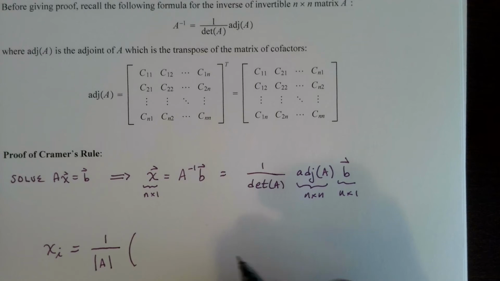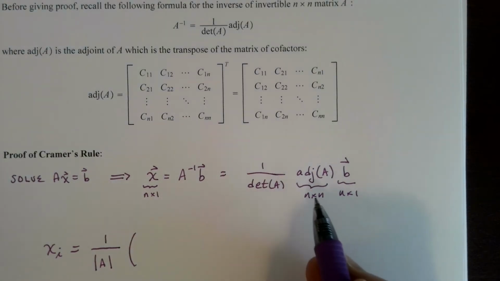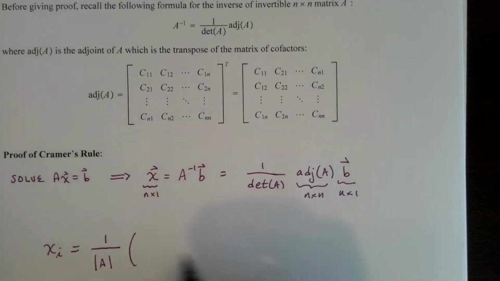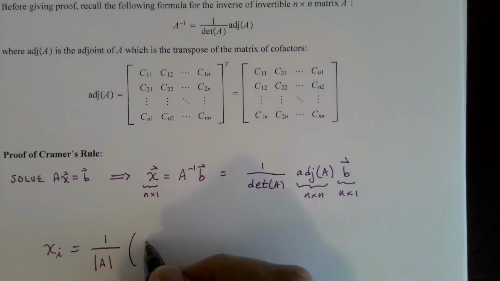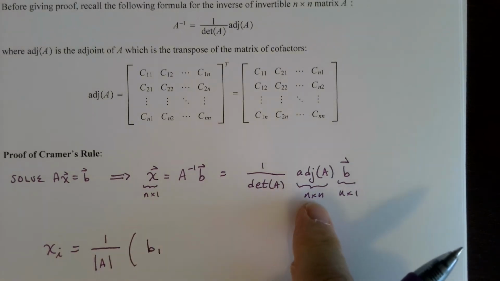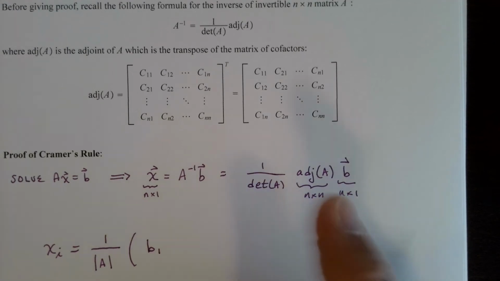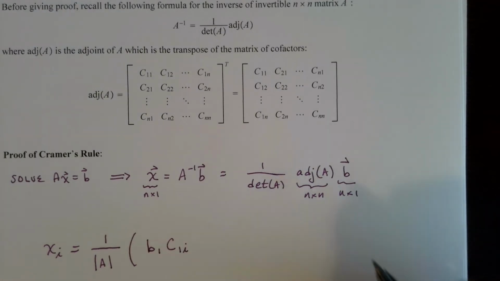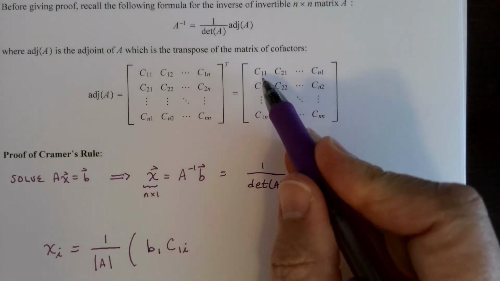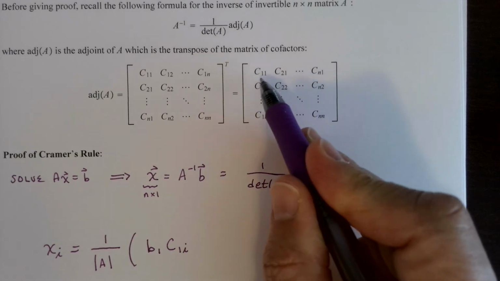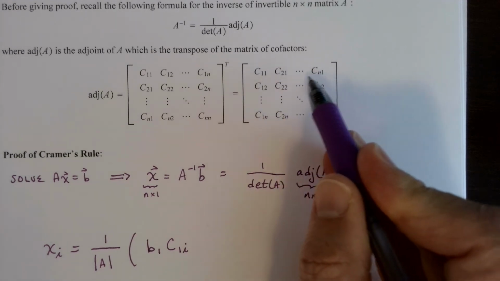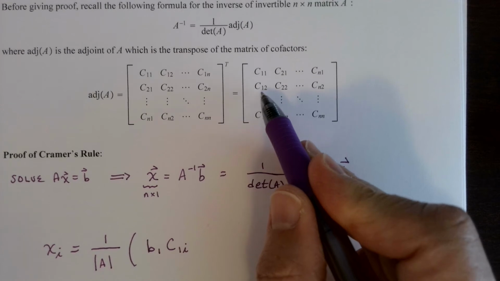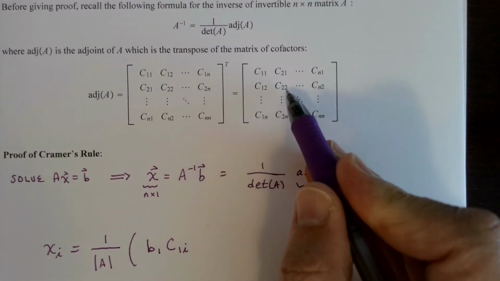And so you can see that the ith row of this dotted with B is going to look like this. The first entry in the matrix B is B1, and the first entry in the ith row of the adjoint of A is C1i. So notice how this is going. If this is the first row, it's C11, C21, C31, Cn1. If it's the second row, it's C12, C22.